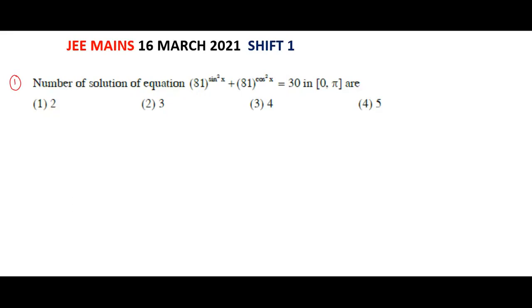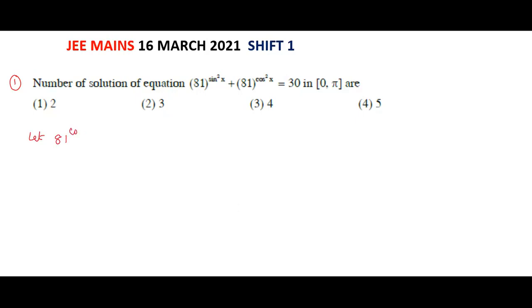So here sin square x and cos square x terms are there, so convert one into either sin or cos. I am going to take 81 power sin square x, or convert into cos square x, no problem.